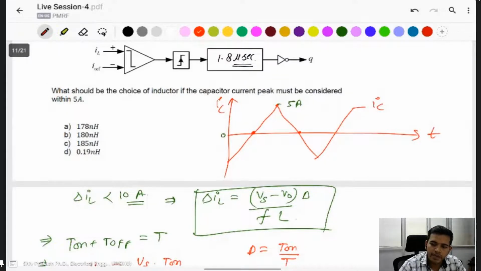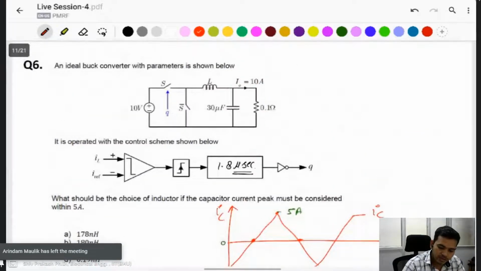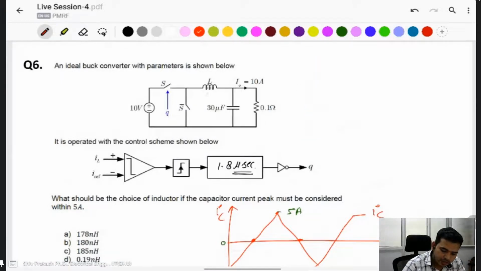Yes, capacitor peak current is given. Capacitor peak current is the same. The capacitor ripple current and the inductor ripple current are the same in the buck converter. If you observe the buck converter here, then the same current flows here also. But the average capacitor current is 0. That's why the average output current flows the same as the inductor current. But you observe the ripple is the same for the inductor ripple current and capacitor ripple current.